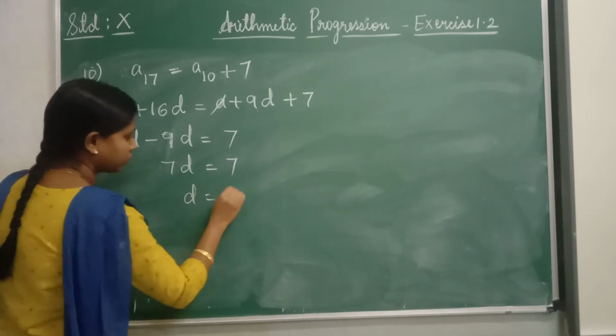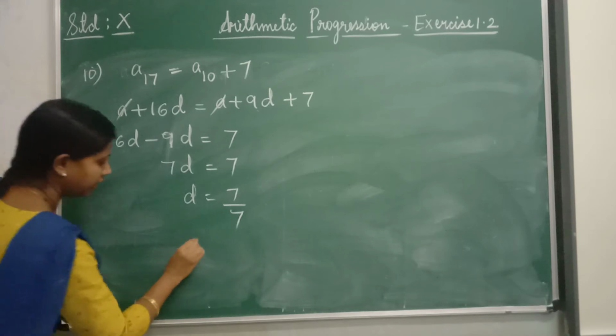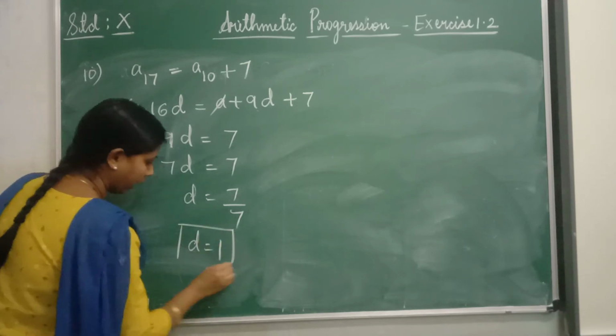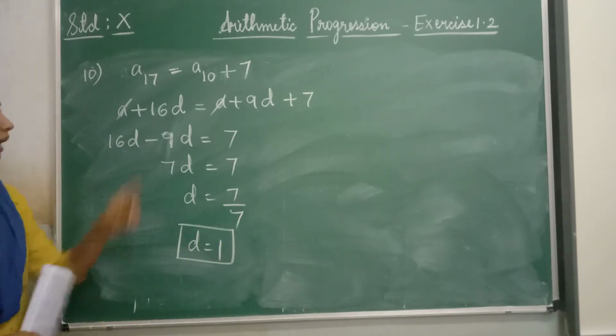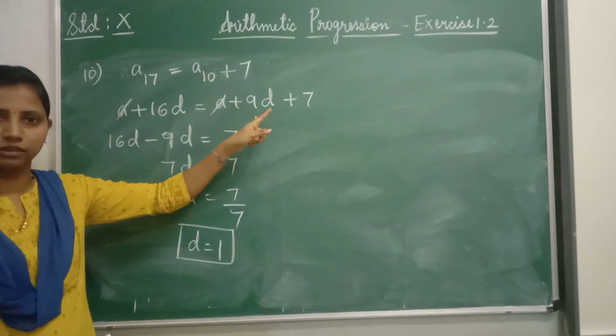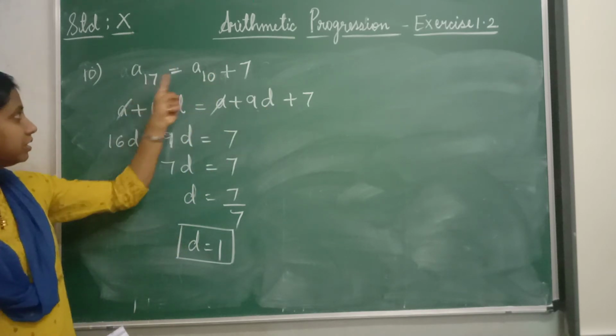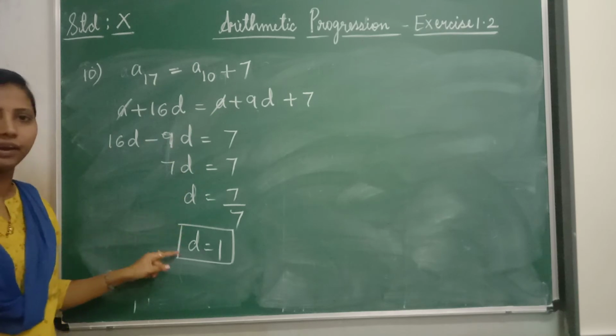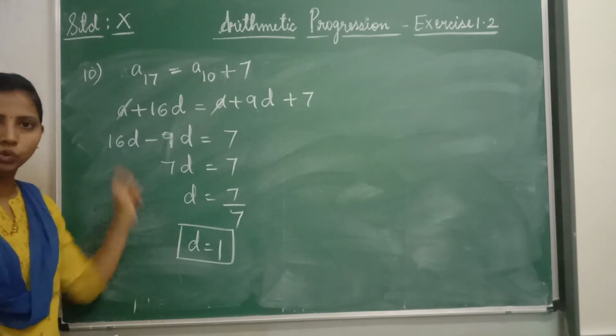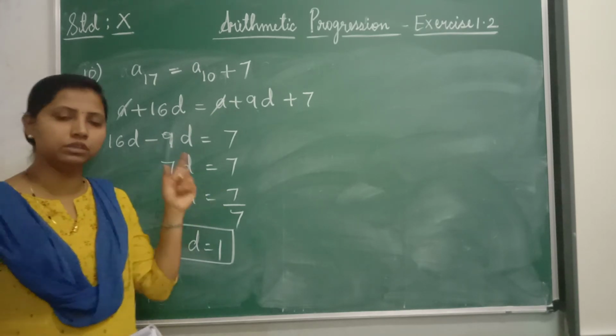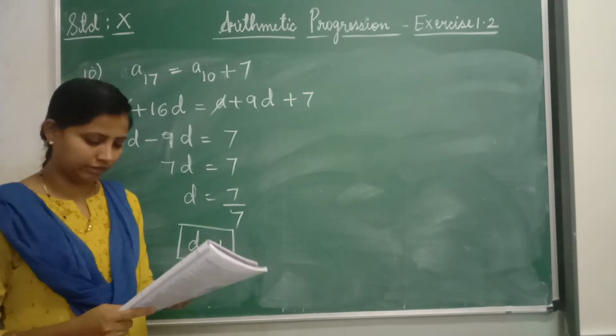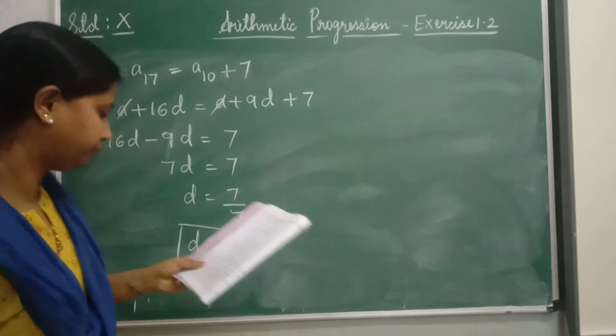So D equals 7 by 7, that is D equals 1. Understood? Framing the equation is important. Solving is very little, but if you write the equation correctly, only then can you get the correct value. So read the question carefully, frame the equation, then you can get the required answer. Next one.